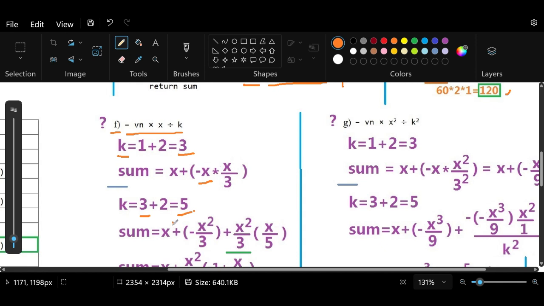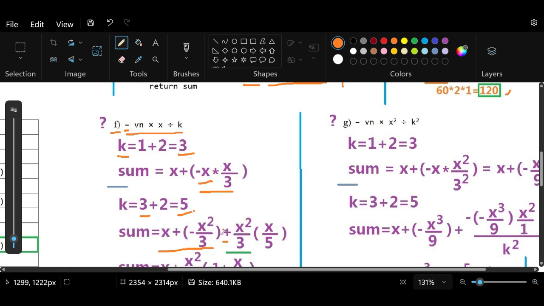Now for sum, what we get would be the current value of sum, which is this one. We got it from here, and then we have to do a minus Vn times x divided by k, but because this one is negative x squared divided by 3, then we would get a plus here instead of a minus only, because this is negative and this is negative as well.